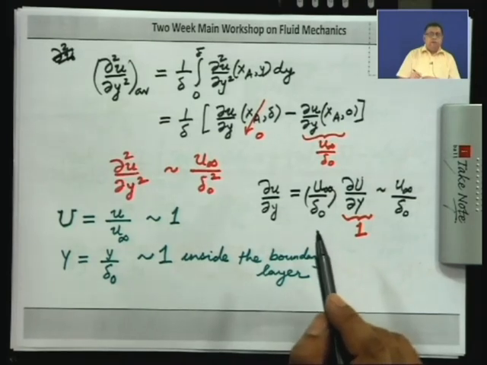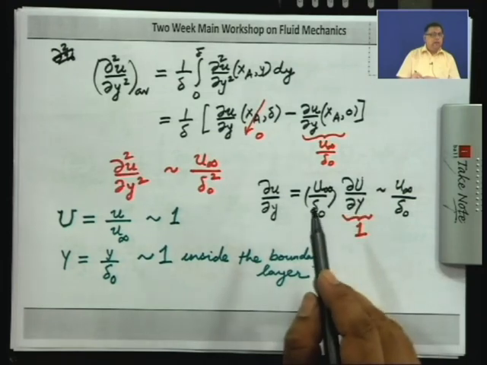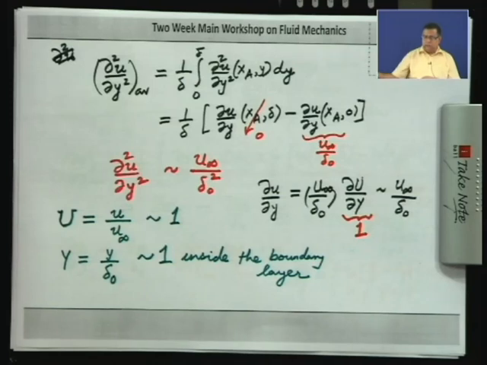So, if you introduce the non dimensional variables which are order 1 variables into the equation, then at a glance you will be able to tell what are the order of magnitude of different terms in the equation.